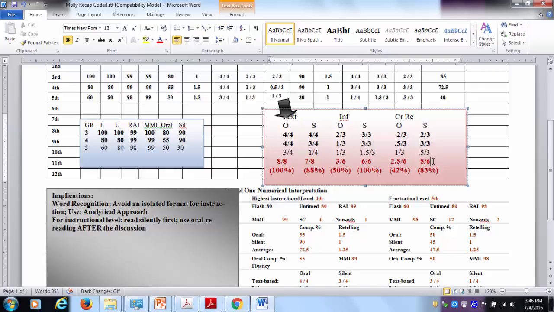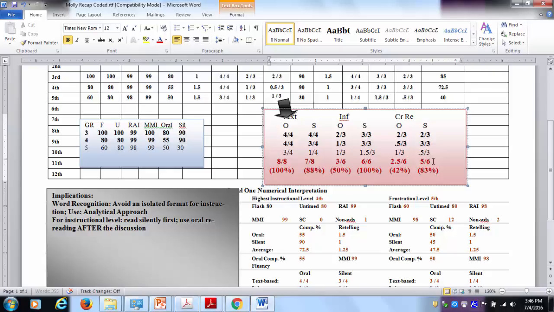Now, before we end, I want to just point out one thing. Is there a possibility that Molly's impacted negatively when she's reading something that is not of interest to her?